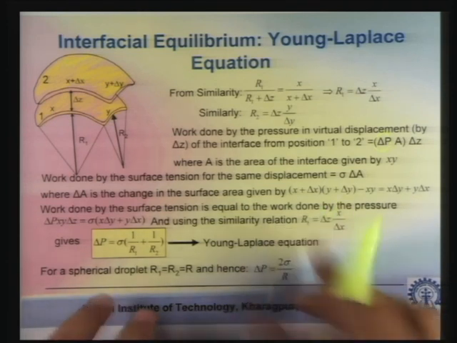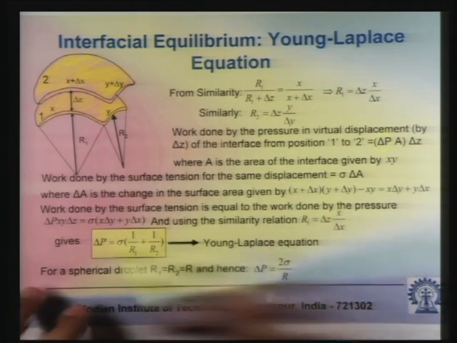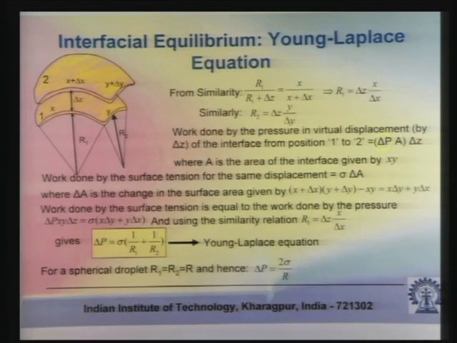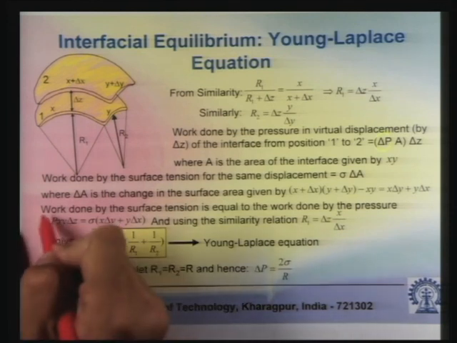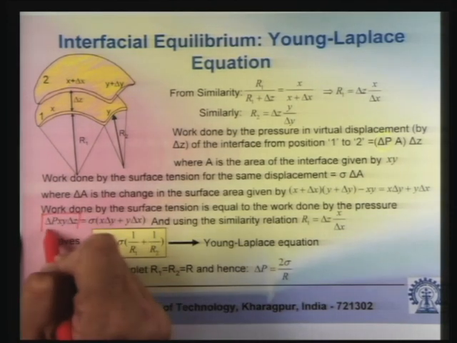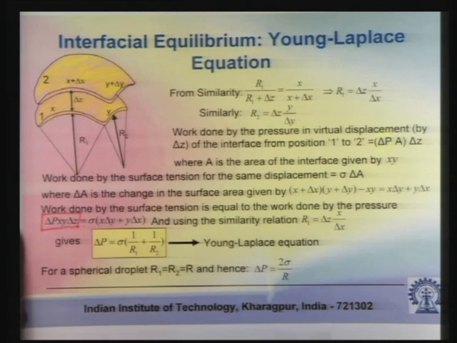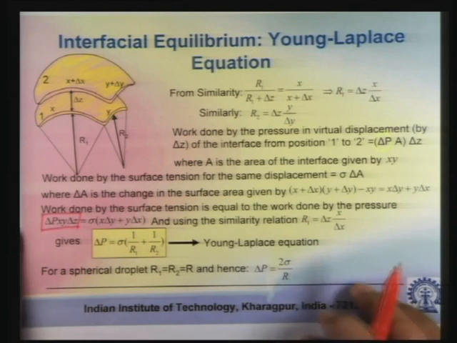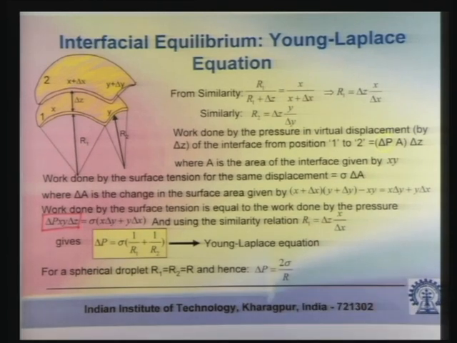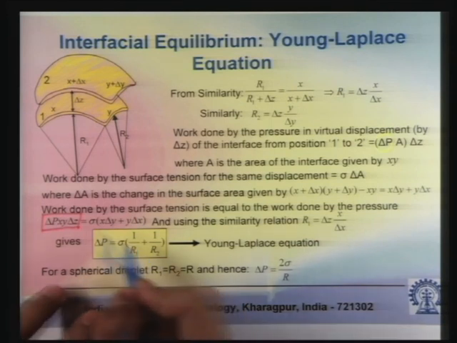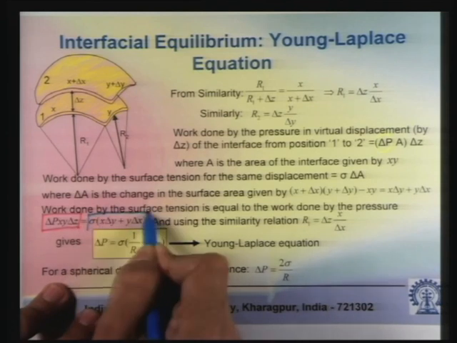So you can say that the work done due to this force is delta P into x y into delta Z. This is basically delta P into A into delta Z, and this work is related to the surface energy.